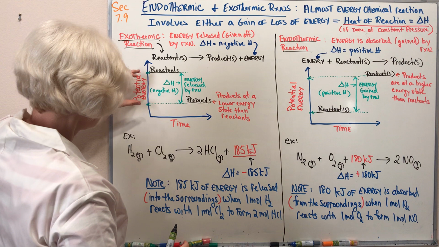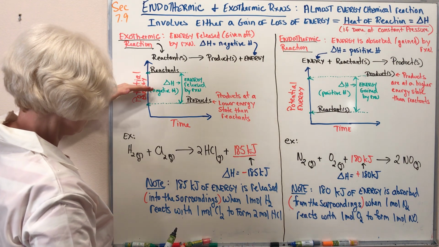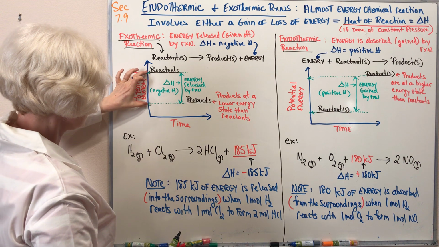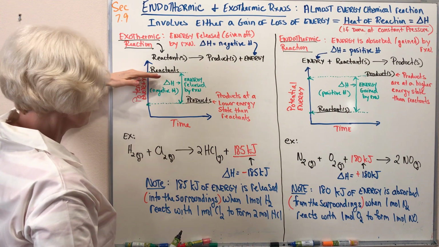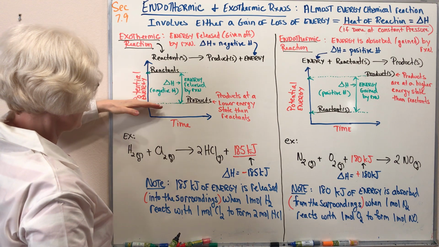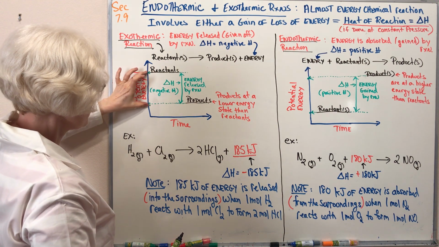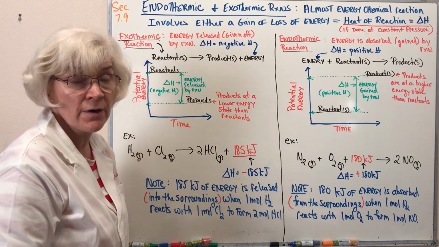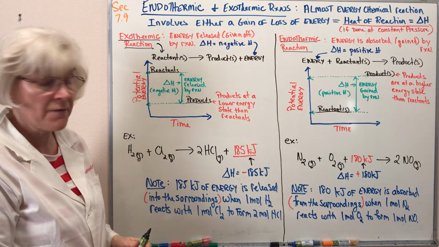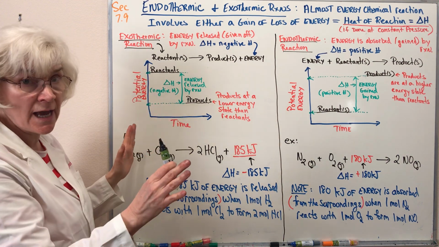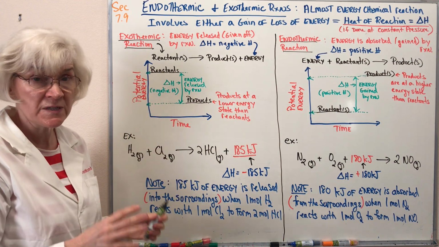And that number is coming, if you had a numerical scale here for potential energy, from the difference between the energy contents of the reactants and the products. So the difference between the numbers on here would correlate to 185 kilojoules. This is just showing a general diagram, not trying to give specific values.